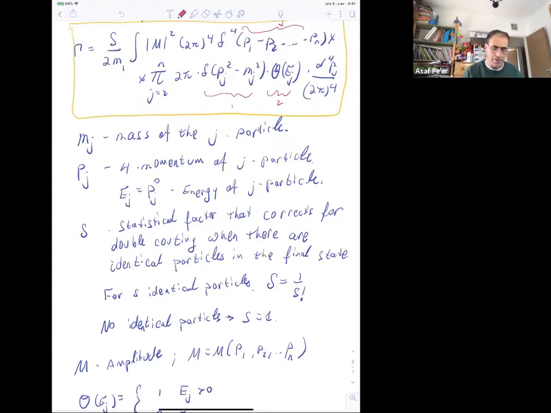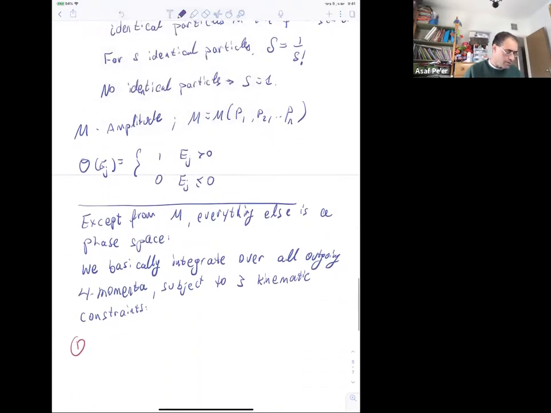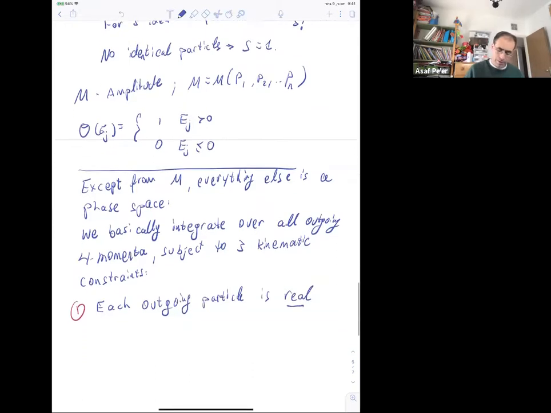So pj squared, which is Ej squared minus pj vector squared, is just the mass squared. So one is that each outgoing particle is real: pj squared, Ej squared minus pj squared, is just mj squared.